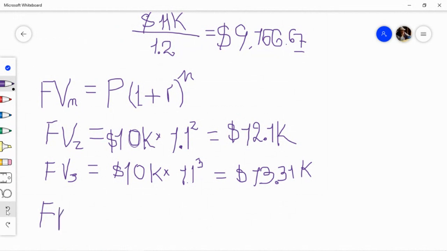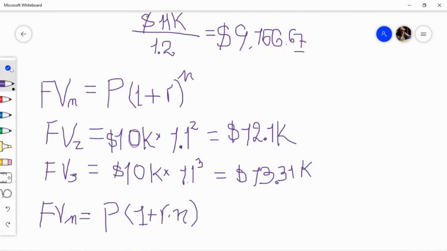Future value n is simply P times 1 plus r times n, right? Not raised to n.